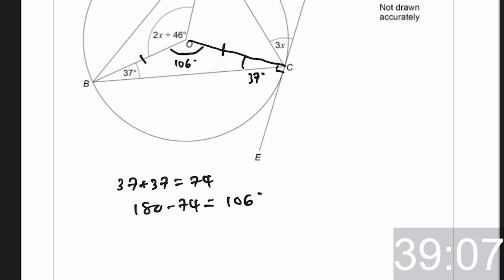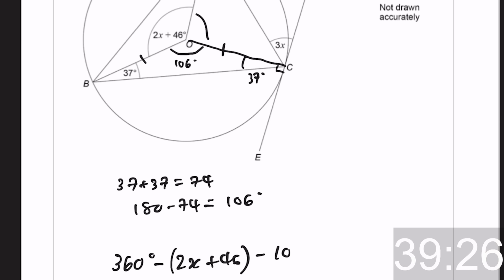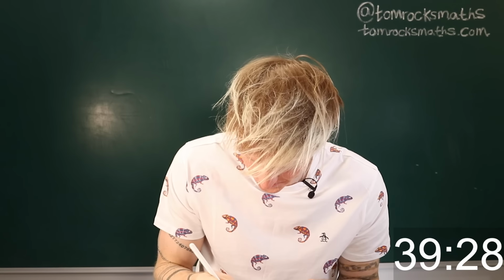Now, what else do we know? What can we work out? So I can now work out this angle. So that's 360 degrees minus 2x plus 46 minus 106. Excellent. Okay.